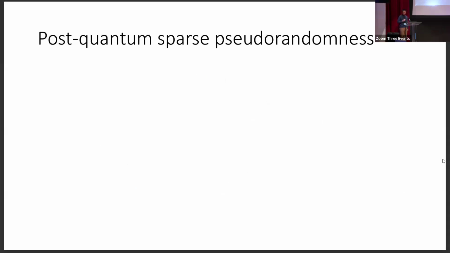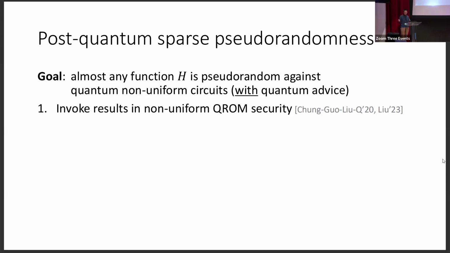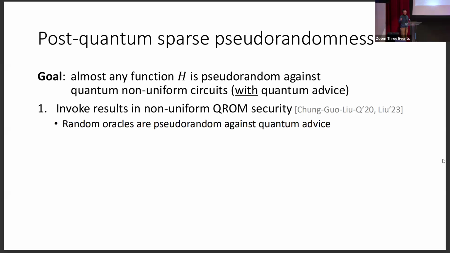So in our work, we address this with a different proof strategy. Again, the goal is to prove that almost any function h is pseudo-random against exponential size quantum circuits with quantum advice. The way we do this in our two works is that we treat this goal as a random oracle security question.